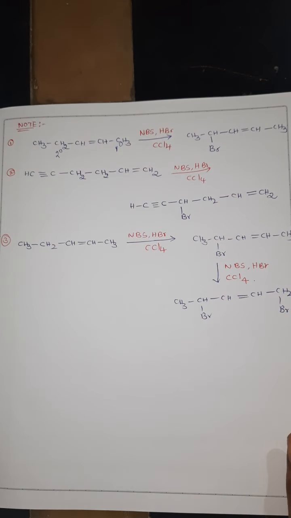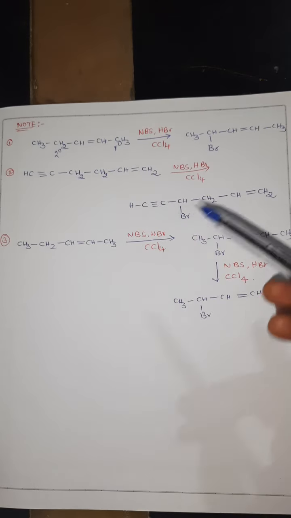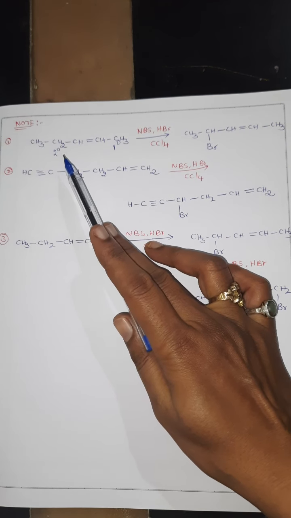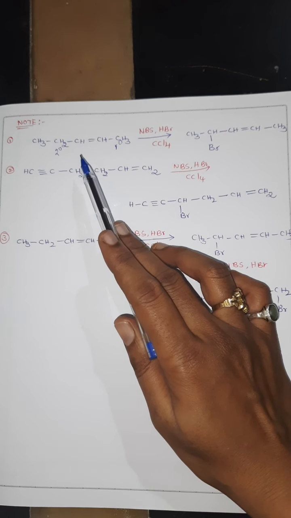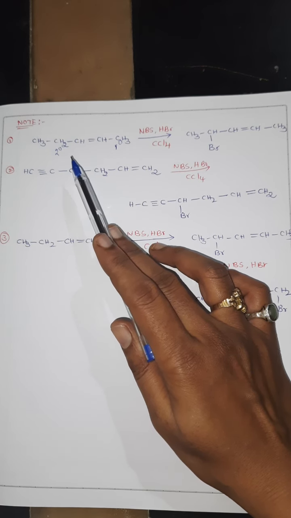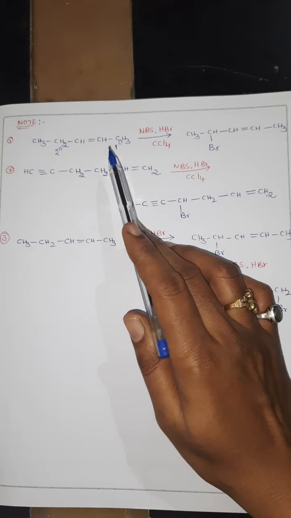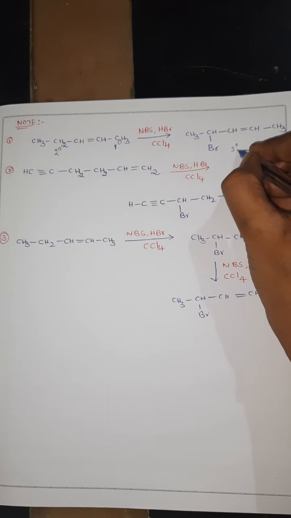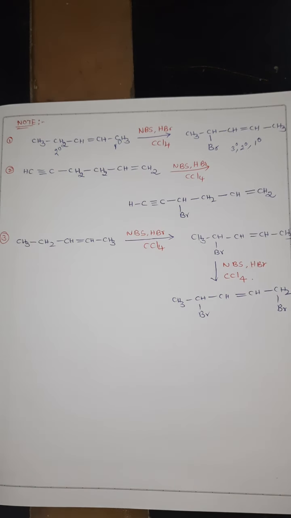So at which carbon does the halogenation take place? The halogenation always occurs at the secondary carbon atom. So in an unsymmetrical alkene, if there are two different allyl positions, then the preferred position is first the tertiary carbon atom, and if there is no tertiary carbon atom, the preference is for the secondary carbon atom, and if there is no secondary carbon atom, then only the primary hydrogen is abstracted.